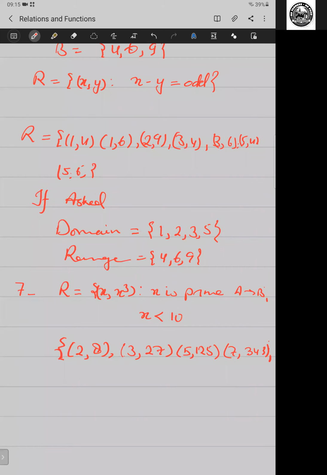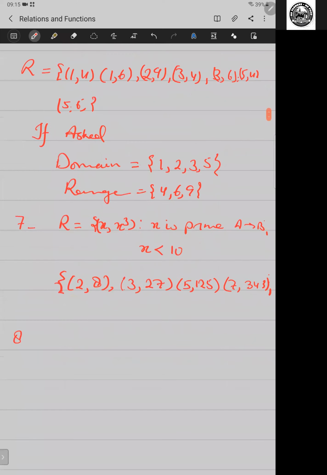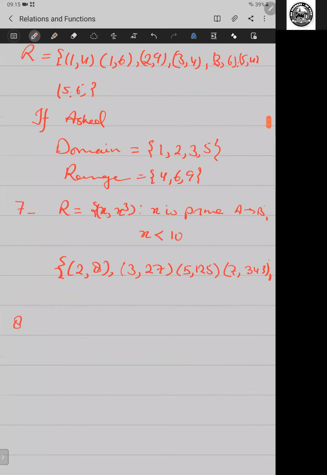Next, now we could take question number 8, okay. Set A is equals to {x, y, z}.